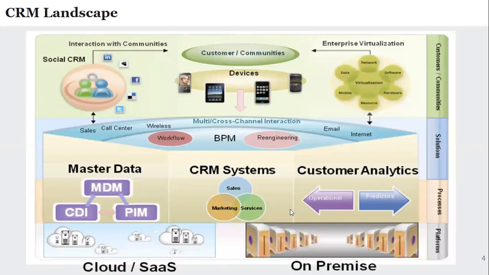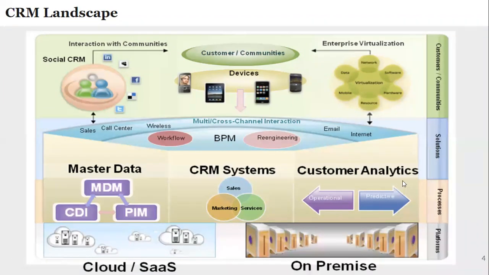So this is a landscape. It will be confusing for you, but this is how the landscape of any company generally is. CRM is the hard part, because without CRM an organization cannot sustain. So for every organization, CRM is mandatory. CRM is nothing but marketing, sales, and services. It will be in the center, and around it will be master data and customer analytics.